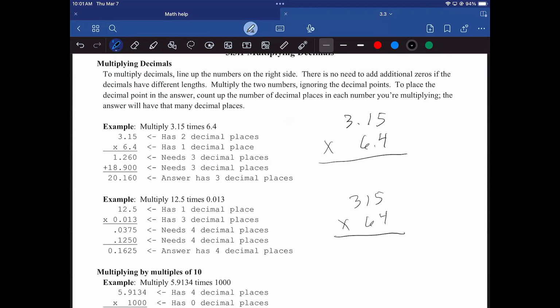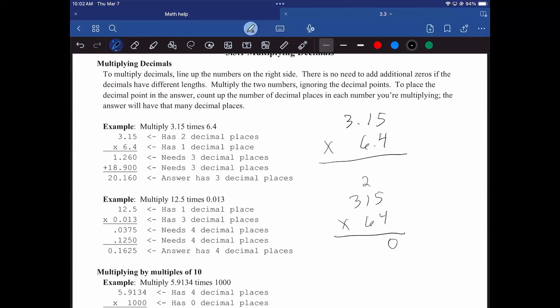I don't pay attention to those decimal points initially because they're not doing anything.